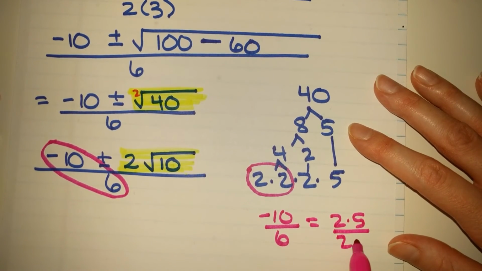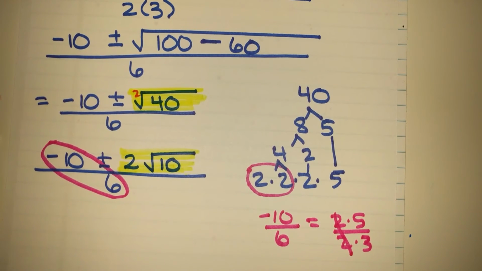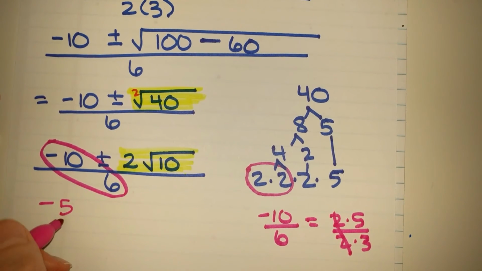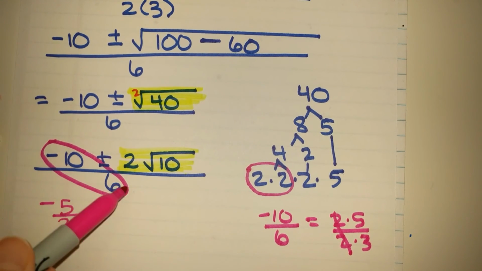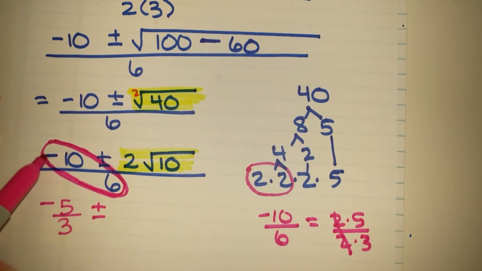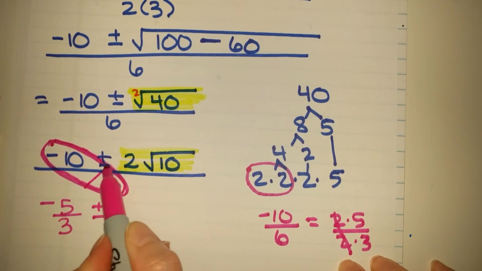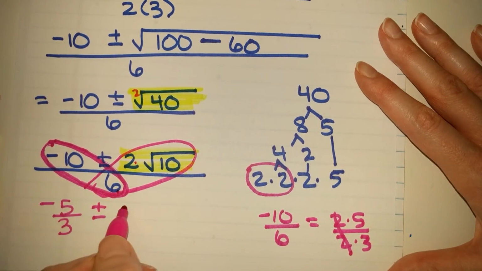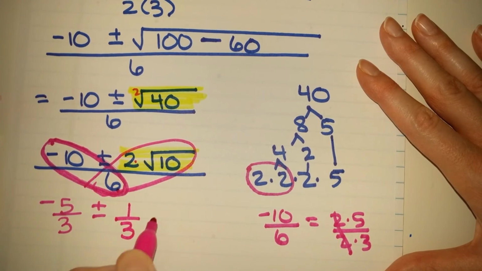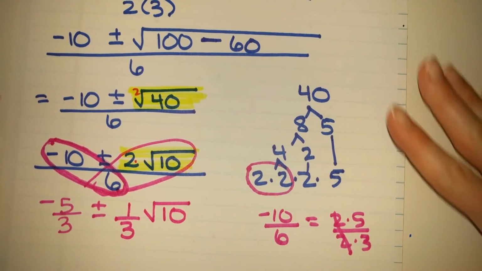So we look at the negative 10 over 6, and 10 over 6, we have a common factor of 2 times 5, 2 times 3, so those 2's cancel out, and we get negative 5 over 3. Plus or minus, but remember, it's like little butterfly wings. If you take something out before the plus or minus, you have to take something out after the plus or minus. So this 2 over 6 is going to factor as 1 over 3 square root of 10.